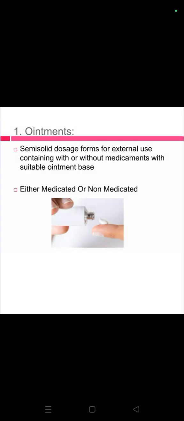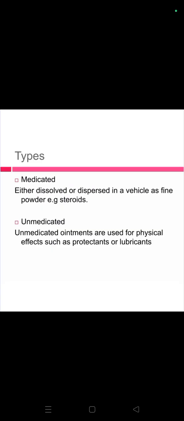Ointments are semi-solid dosage forms for external use containing, with or without medicaments, a suitable ointment base, either medicated or non-medicated. Types: medicated and unmedicated. Medicated ointments have the drug either dissolved or dispersed in a vehicle as a fine powder, for example, steroids.